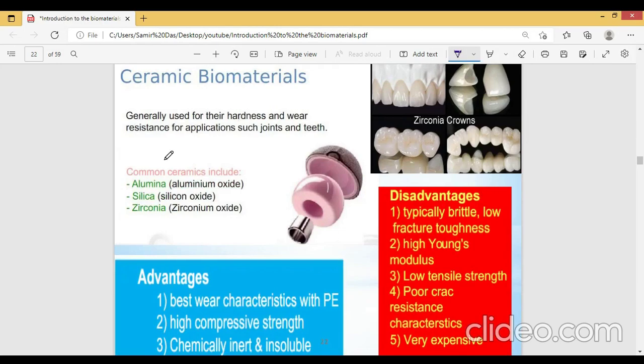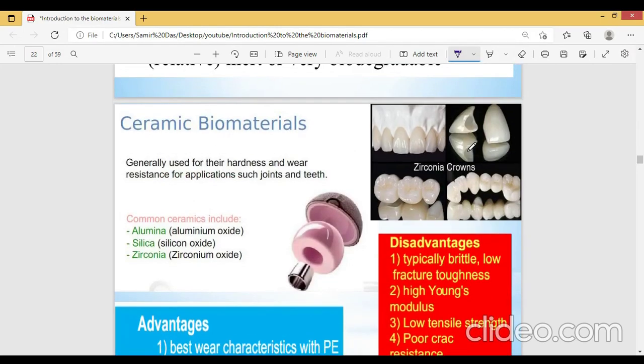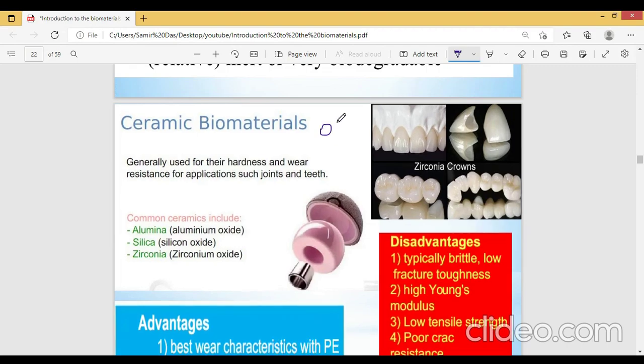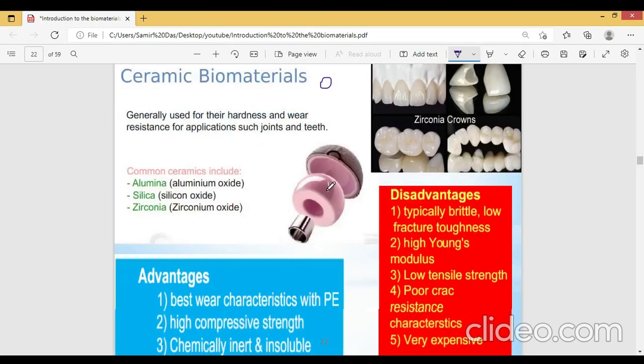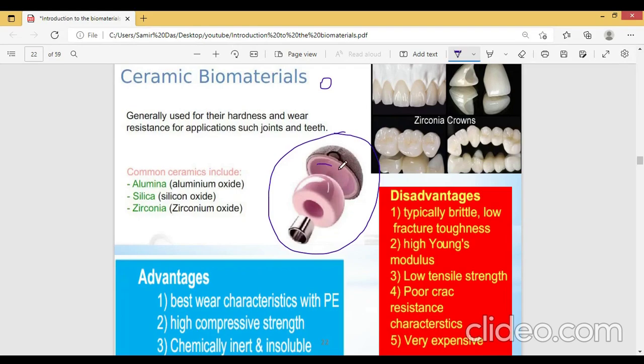Applications of ceramic biomaterials: they are mostly used as oral prosthesis or dental implants. They are also used in the hip joint, in forming the acetabulum cup, so that between the femur head and the acetabulum cup there is a minimum amount of wear.